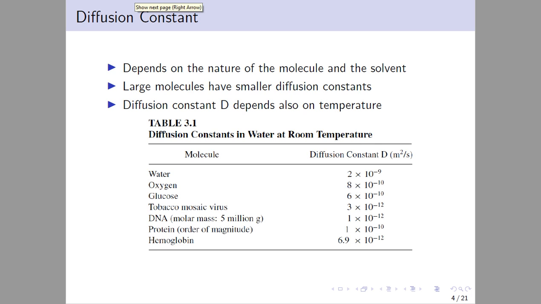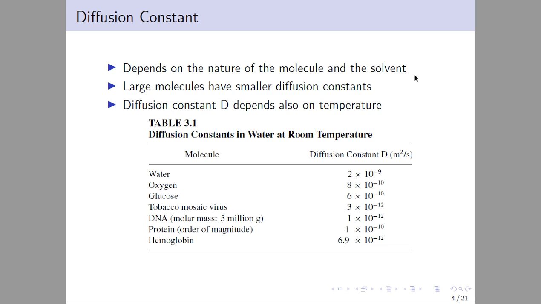So what affects the diffusion constant? The diffusion constant depends on the nature of the molecule and the solvent: the viscosity of the solvent, the shape of the molecule, the weight of the molecule, the residue or R subunit of the molecule, and also the friction of the molecule.